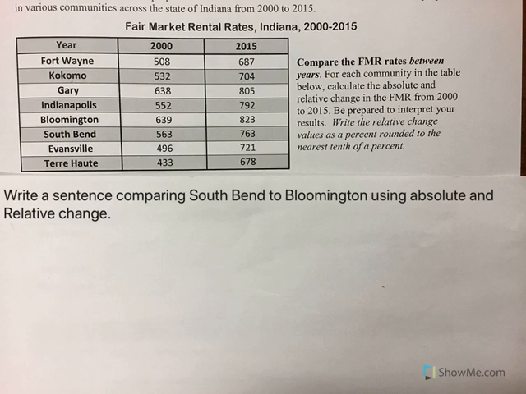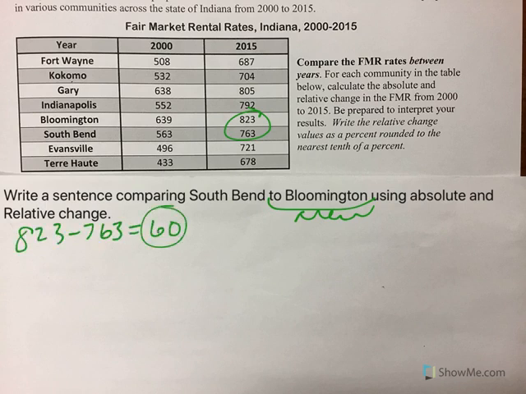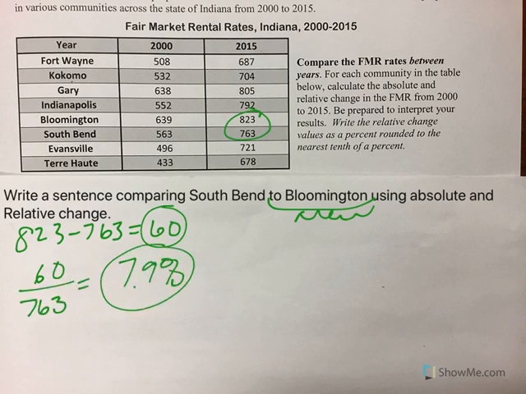Now we're going to write a sentence comparing South Bend to Bloomington using absolute and relative change. So South Bend and Bloomington are here, and if I'm going, I usually say if I'm going to somewhere, I make that new. So I would take 823 minus 763. My absolute is 60, and then 60 divided by 763 gives me a relative change of 7.9%.